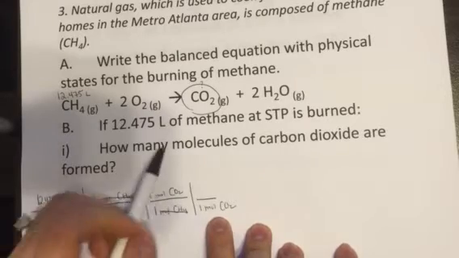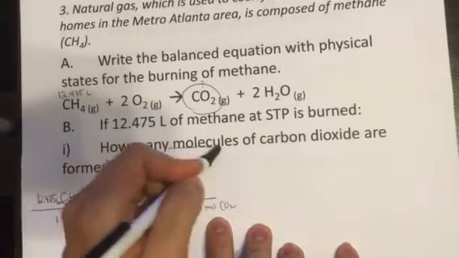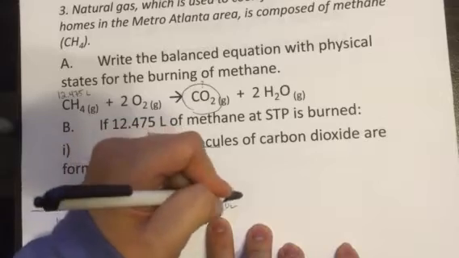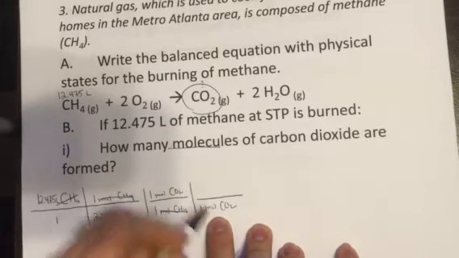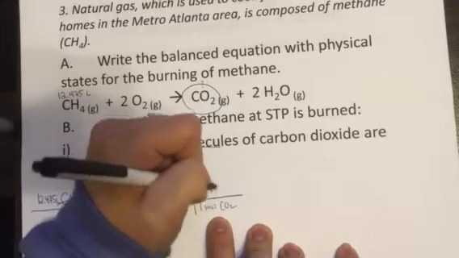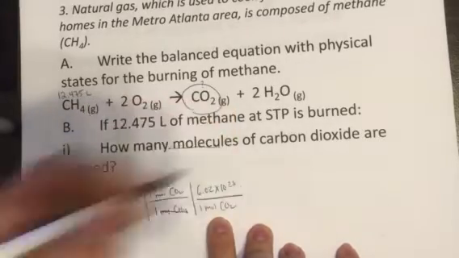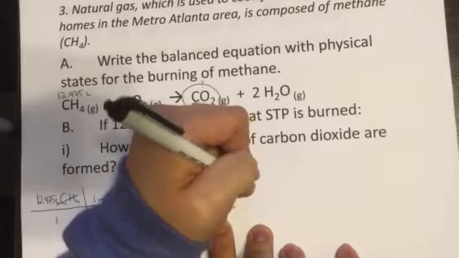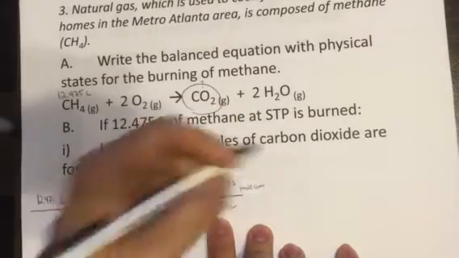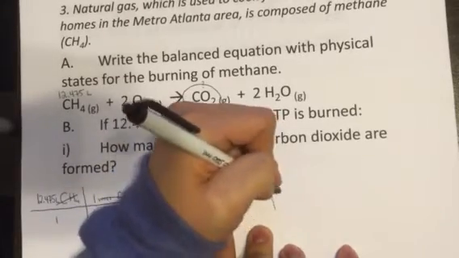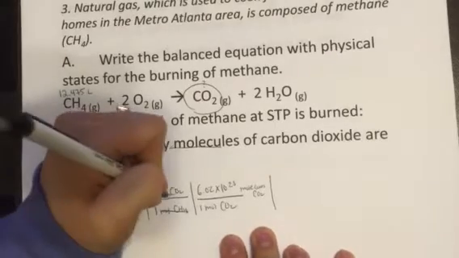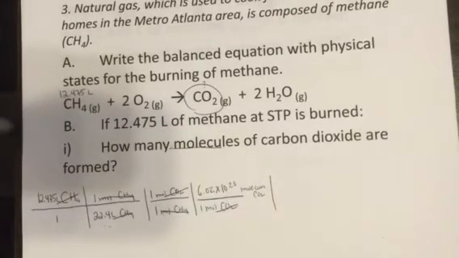Then I want to know how many molecules are formed. So my ratio then is for every 1 mole, I have 6.02 times 10 to the 23rd particles or molecules or atoms or whatever the case may be. So that's what I have. And when you solve it out, cancel those two things out.